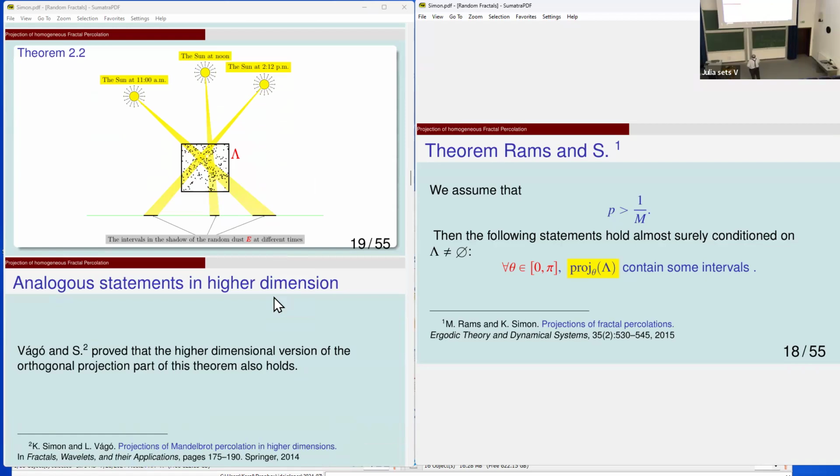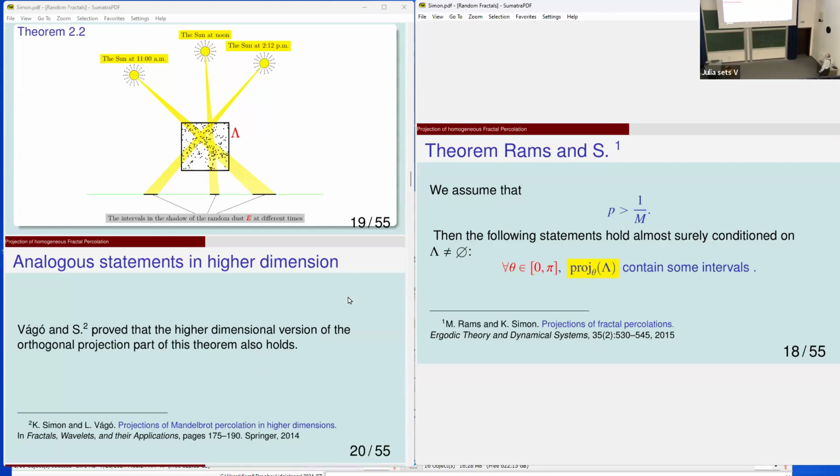We proved that the corresponding statement remains valid in any higher dimension. With this picture, we made a poster at IMPAN, advertising IMPAN. The title was "From wherever the sun shines, we find a shadow."